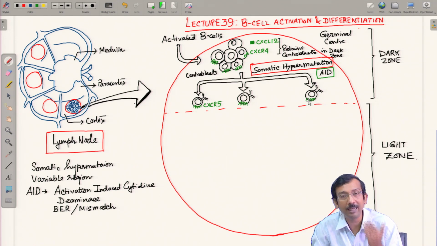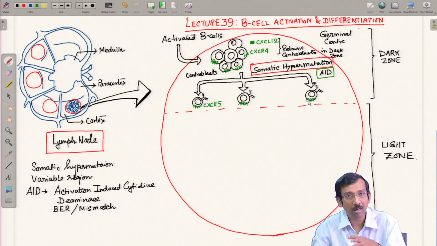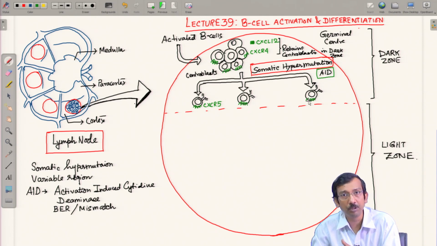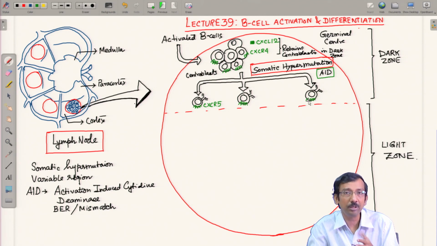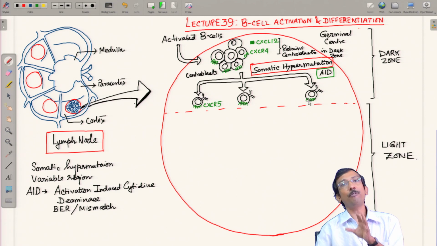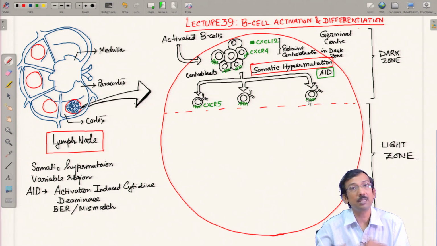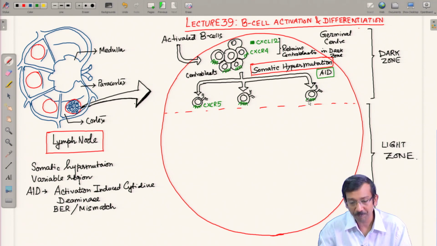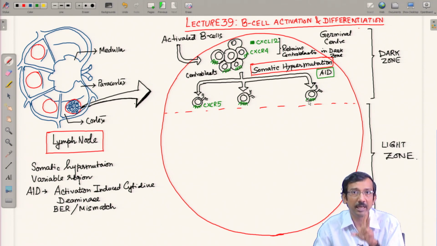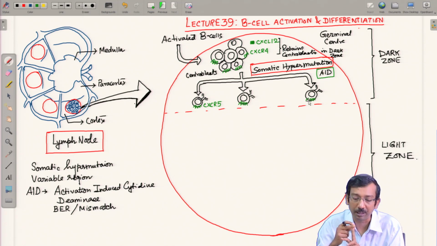So they have either a good mutation or a bad mutation. If it is a bad mutation, the receptor's affinity towards the antigen is reduced. If it has a good mutation, then its affinity has increased or improved.